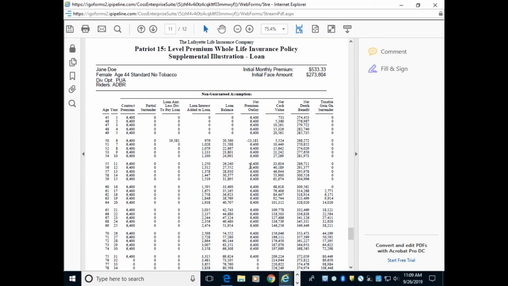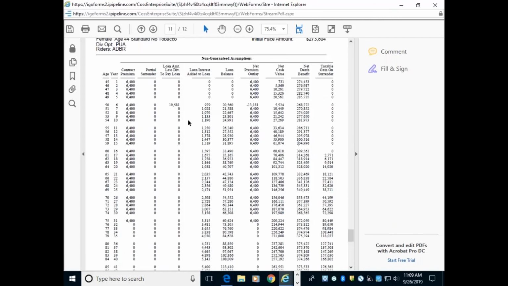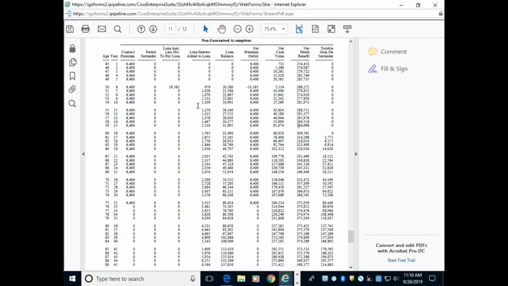Now, when you are requesting a loan amount, we get a lot of inquiries about the amount that's available. Typically, 80 to 85% of your net cash value is available for loan. Keep in mind, though, that if you're requesting different parameters, your loan amounts could be different throughout the years.